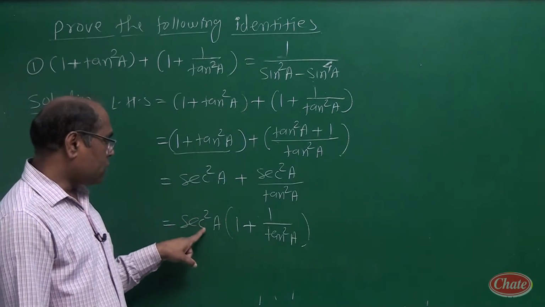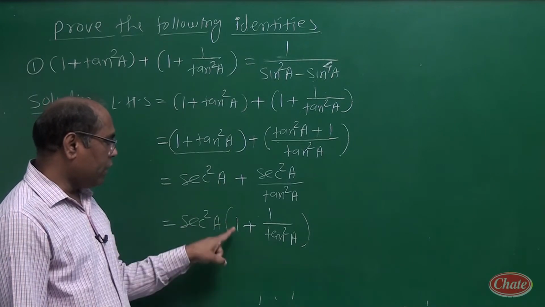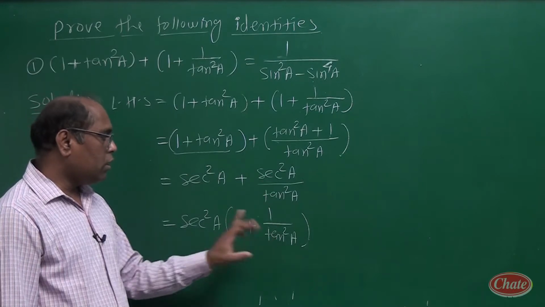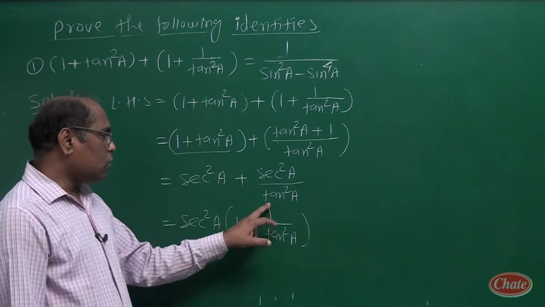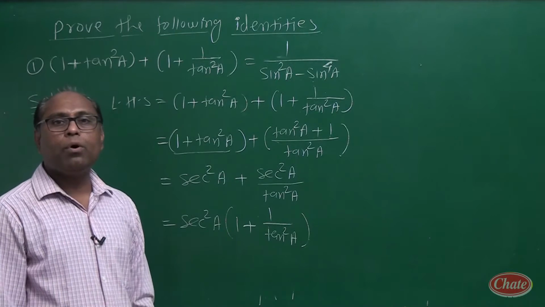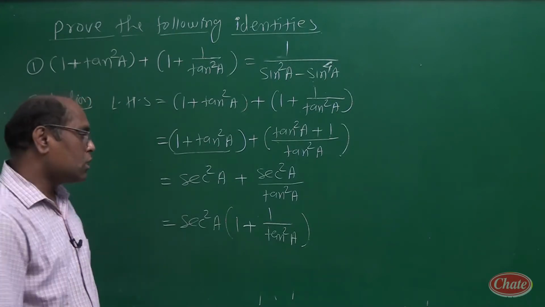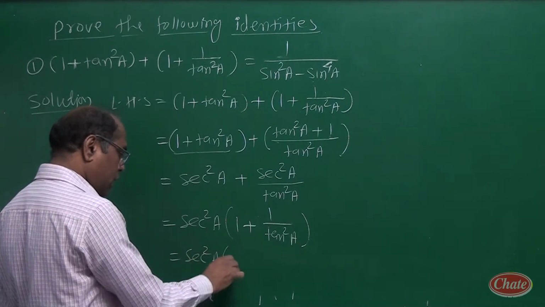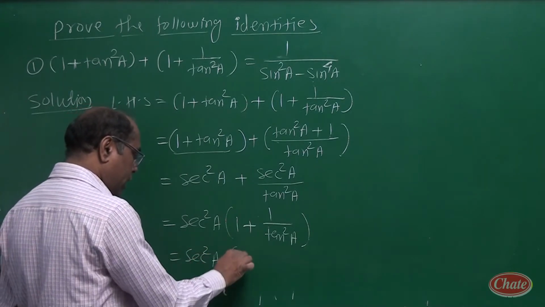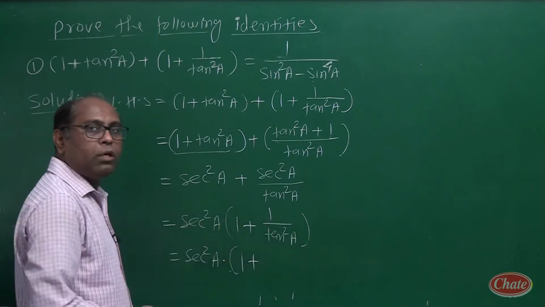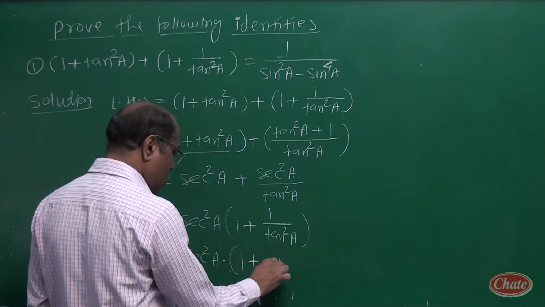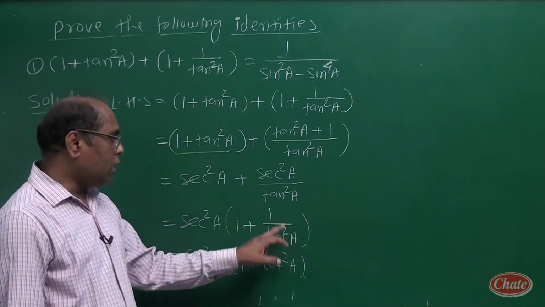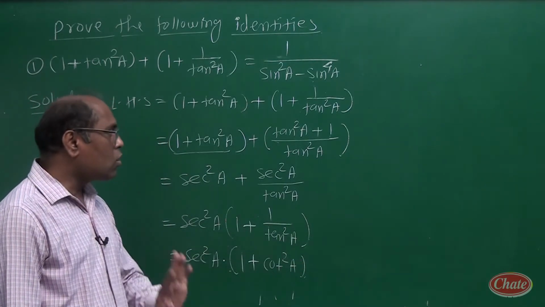So sec square a in bracket, here we get 1 plus, in the second term, 1 upon tan square a. Now what is 1 upon tan square a? 1 upon tan square a is cot square a.